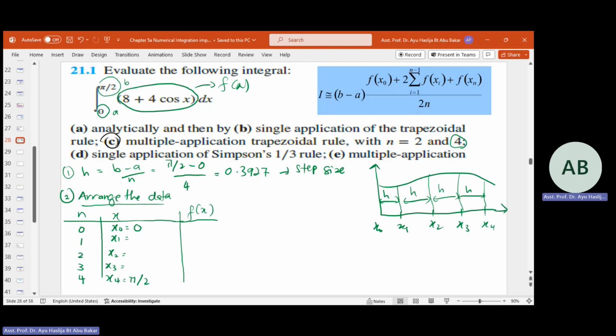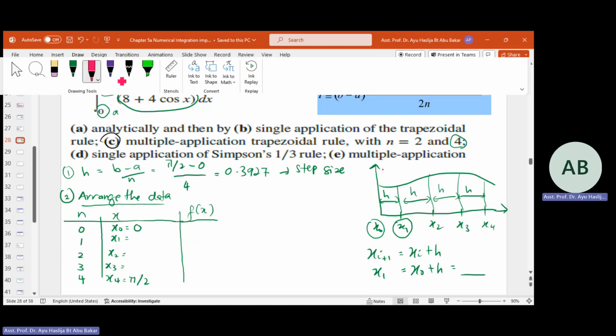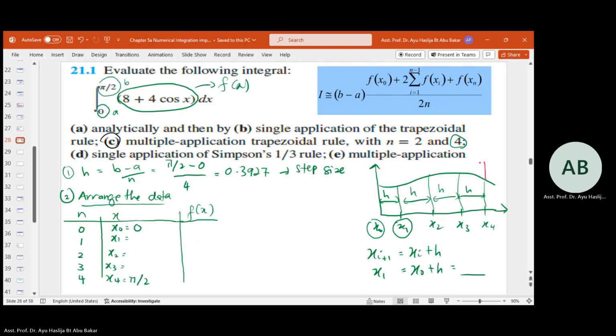Okay, so how to find your new point? x1 is x0 plus h. You will get x1. Okay, x(i+1) is x(i) plus h. So if you want to find x1, your x0 plus the h, then you will get your value. The a and b is the given range, from here a to here b.